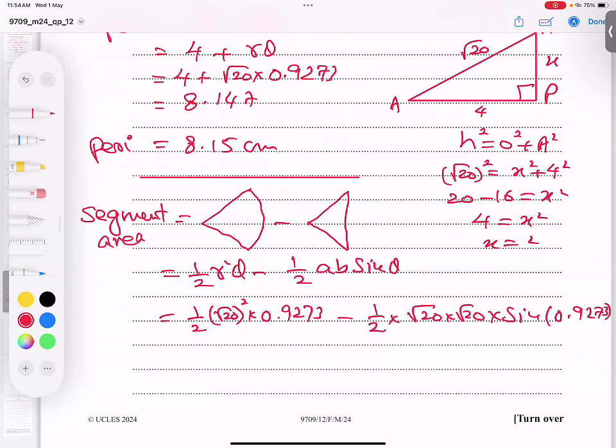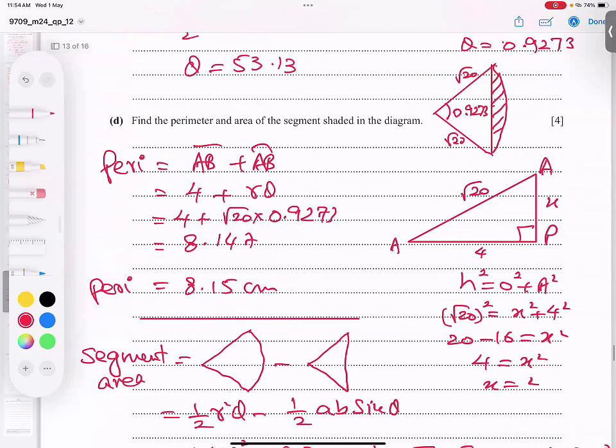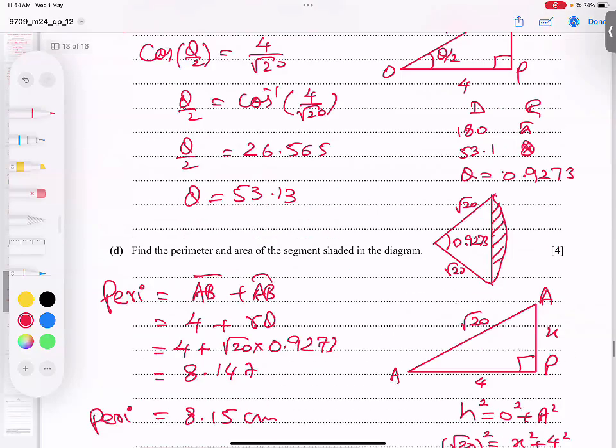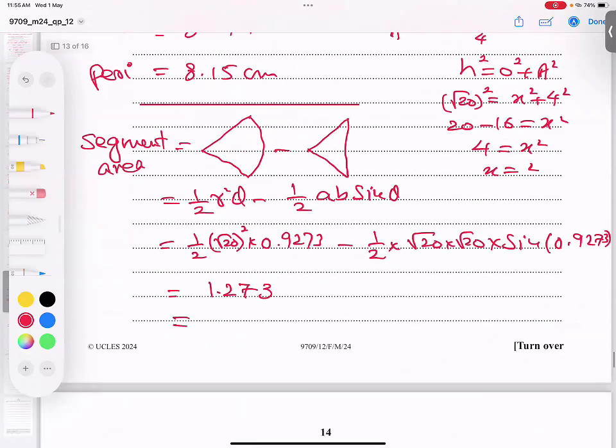And if I type it in the calculator, this finally comes to 1.273. Let me check, is this mentioned? No, that part only. So this can be written as 1.27 centimeters squared, because he asked for every answer to 3 significant figures.